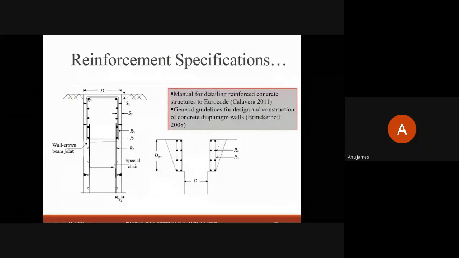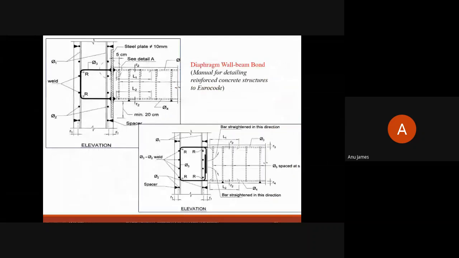It's a general layout of reinforcement detailing for the crown beam and guide wall. Different layouts are possible according to the load considerations. This is the simplest general layout for guide wall reinforcement, and this is the crown beam reinforcement. These are some of the detailing layouts provided in the detailing manual to Eurocode.